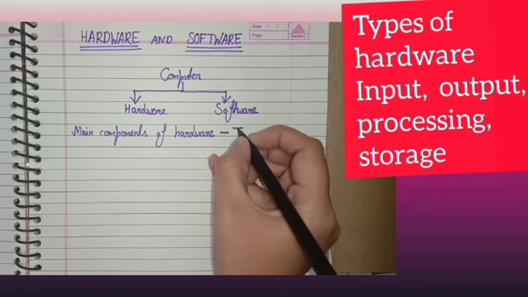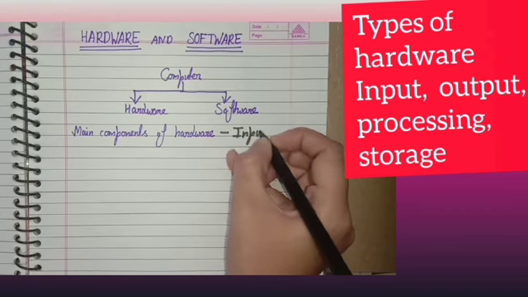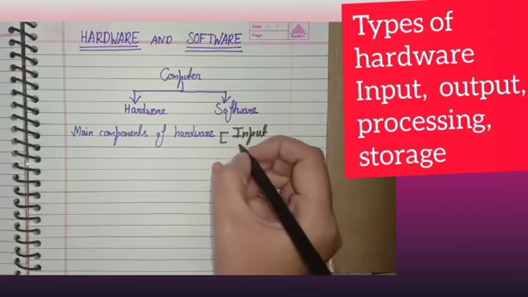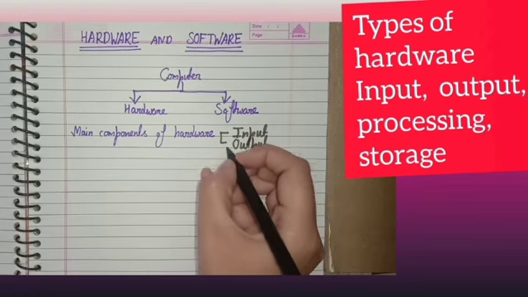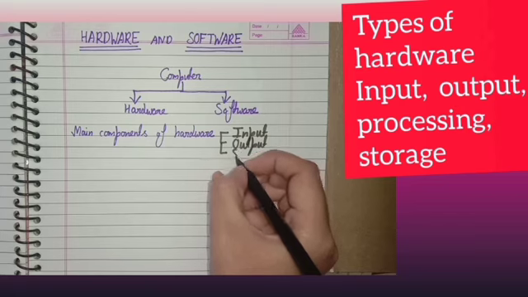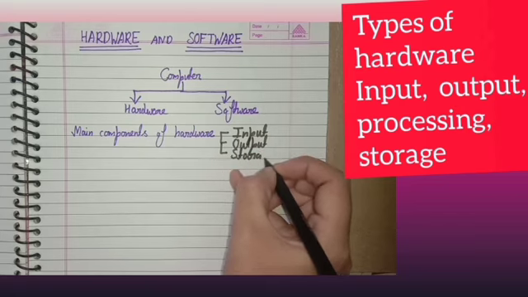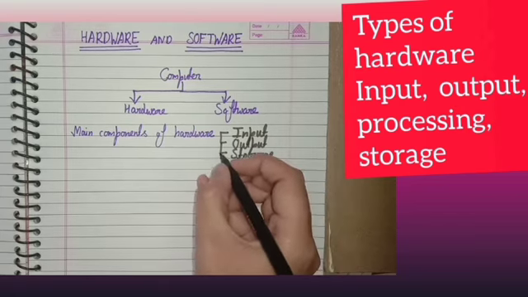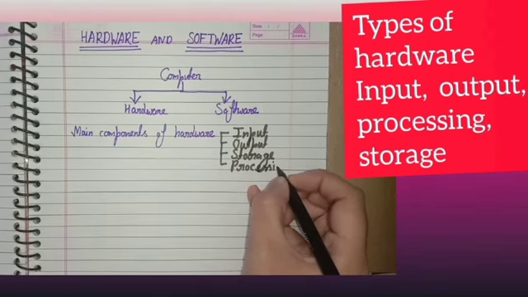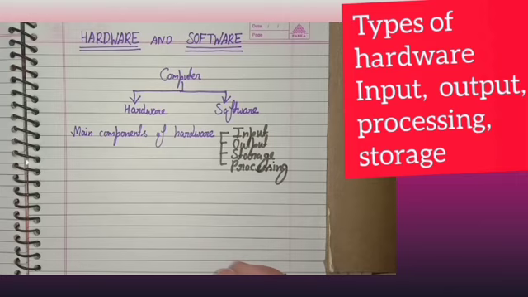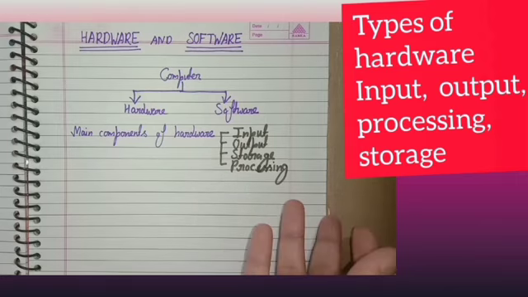It will be input devices, output devices, storage devices and processing devices. So there are a total of 4 different types of hardware devices.